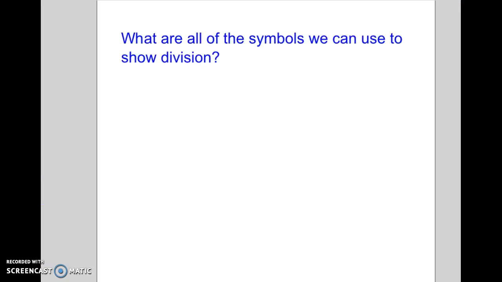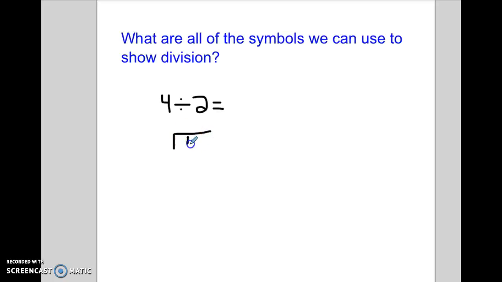Next, we're going to talk about what the symbols are that we can use to show division. And there's a lot of different ways we can show division. So the first one we're going to look at is our typical division problem. You write your division problem, and we have the line with the two dots. This is the typical division sign that many people recognize as a division sign. Another way we can write out division is with this.